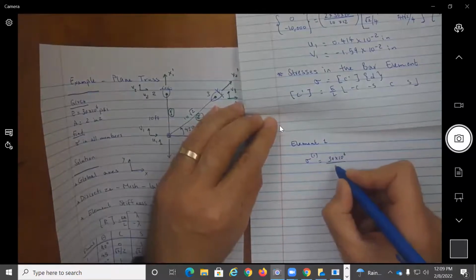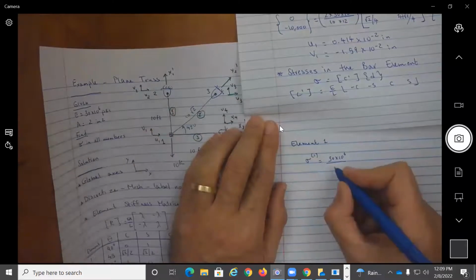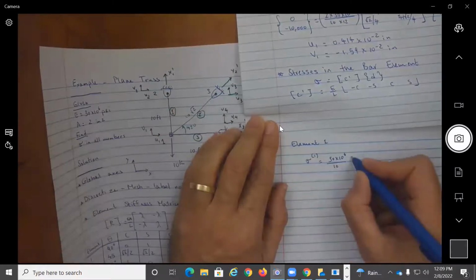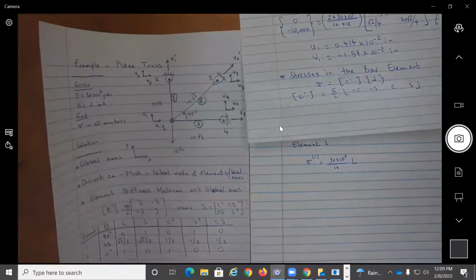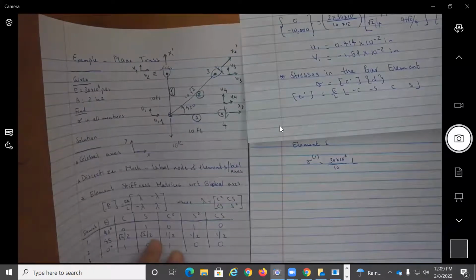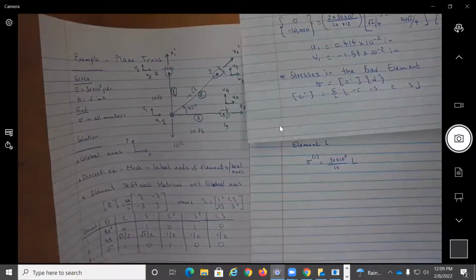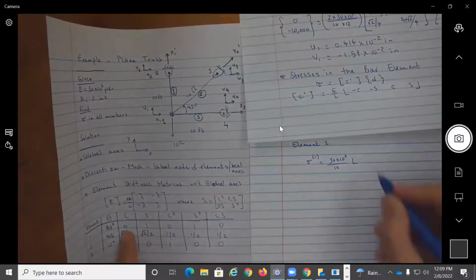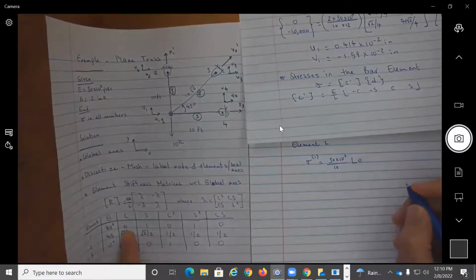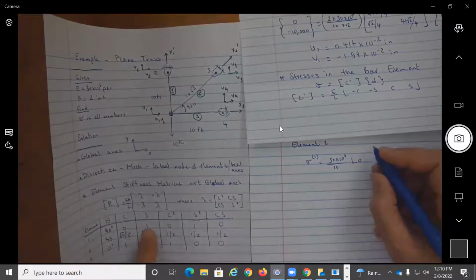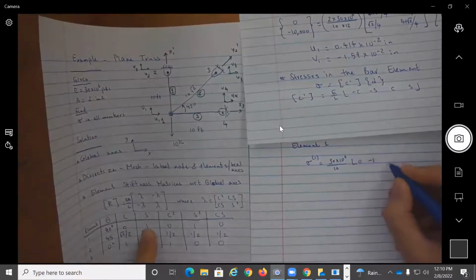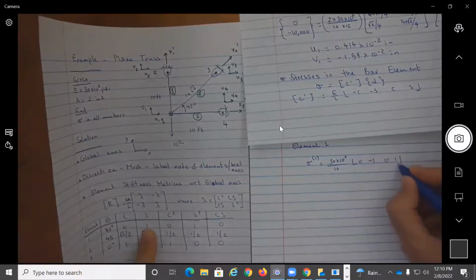L is 10 multiplied by, from the table, if you look here, at a minus C, C is 0, so I get a 0. And then S is a 1, so minus 1. And then I have a 0 and a 1.